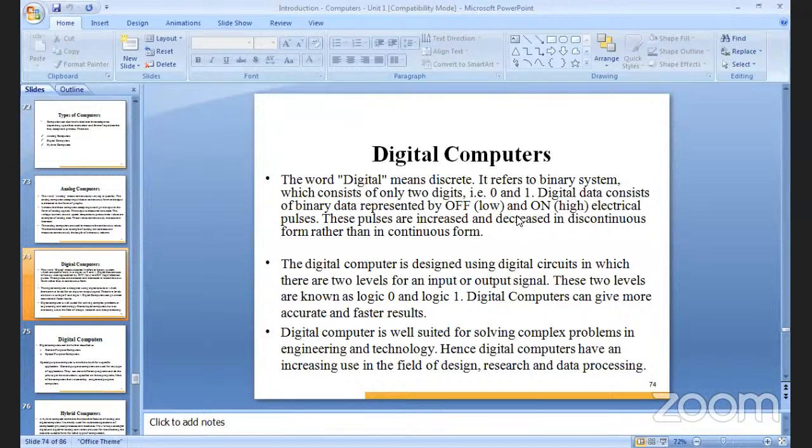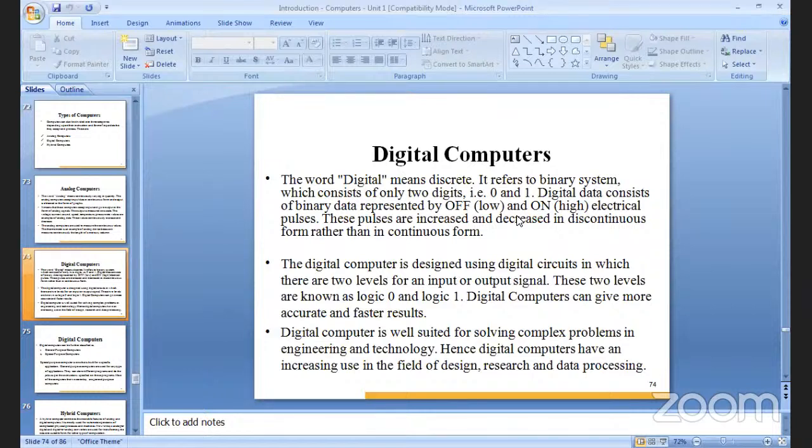Every computer or electronic device takes whatever data we give it as different codes, absorbs it as input data, and gives the result as output data using the same codes. These two levels are known as logic 0 and logic 1.